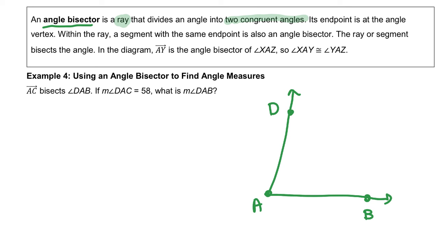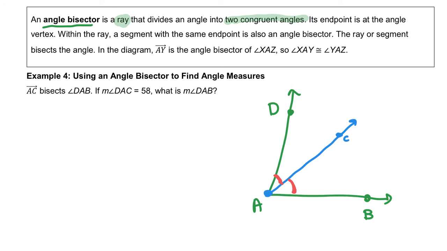And AC bisects it. So that means that AC, a ray that starts at A and goes through C, bisects it. What I want to show, I'm going to use red so it's different, is that this angle and this angle are congruent. The two angles that are created by that bisector are congruent.